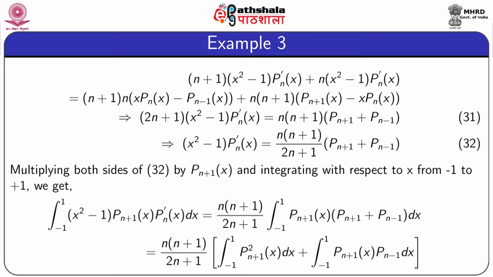If you now multiply, you will get the integration from -1 to +1 of P_{n+1}² and the integration from -1 to +1 of P_{n+1} P_{n-1}. Like before, if we use the orthogonal property, we will see that since P_{n+1} and P_{n-1} are different, this value is going to be 0, whereas we get a value 2 divided by 2(n+1) in this case.